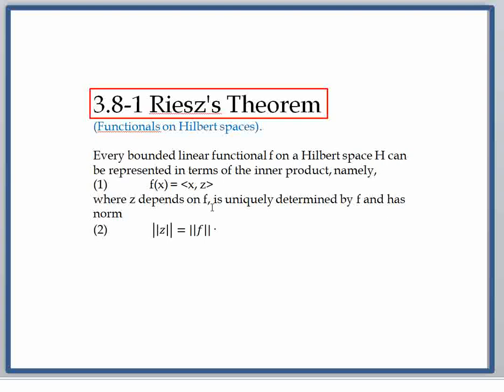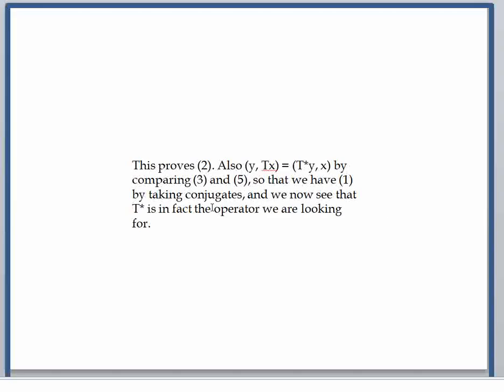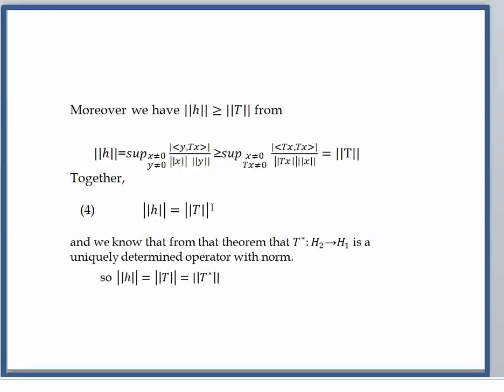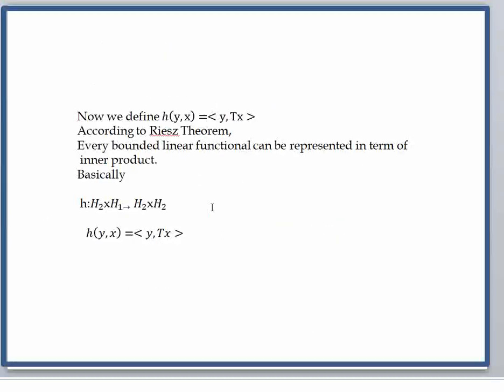Every bounded linear functional f on the Hilbert space H can be represented in terms of an inner product, namely f of x is equal to the inner product of x and z, where z depends on f, is uniquely determined by f, and has norm: norm of z is equal to norm of f. So we are using this in the theorem.